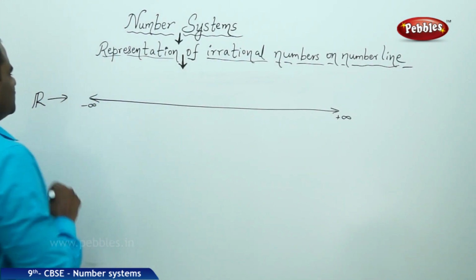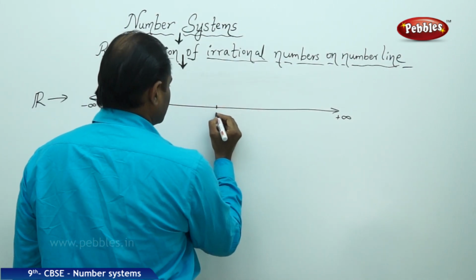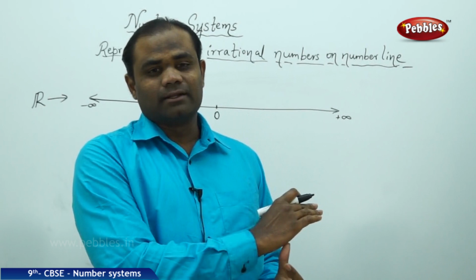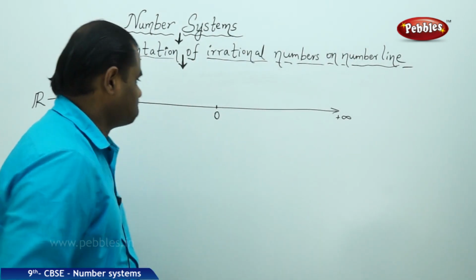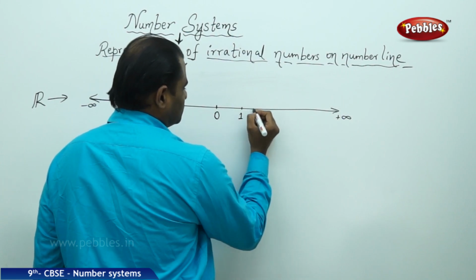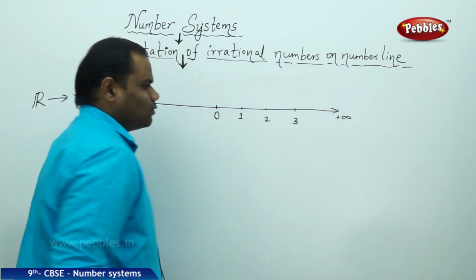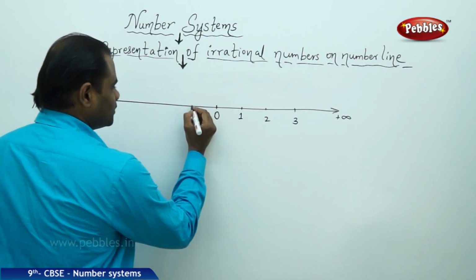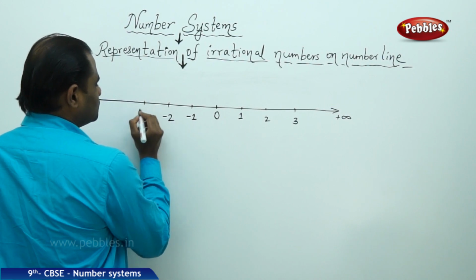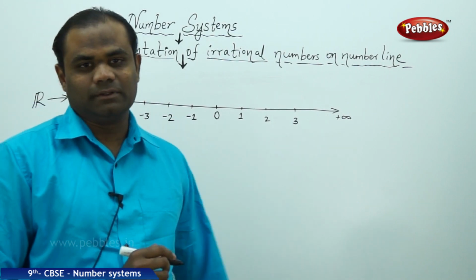Exactly in between is the neutral 0, from where on the right side you have all positive values and on the left side all negative values. Proceeding with the right side, we have 0, 1, and next come 2 and 3, and so on till infinity. Similarly, on the left I have negative 1, negative 2, negative 3, and so on up to negative infinity.